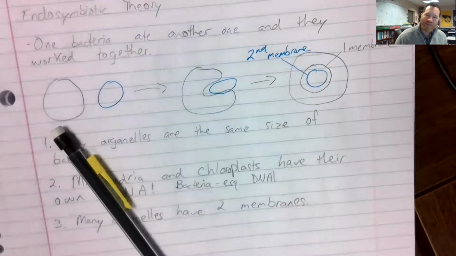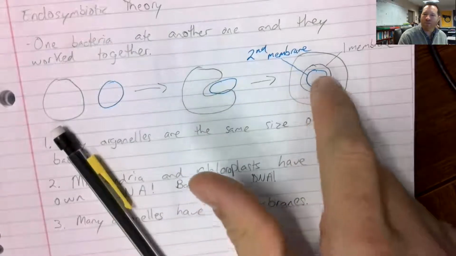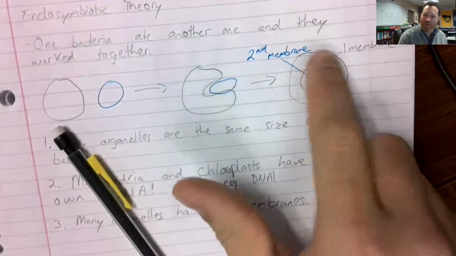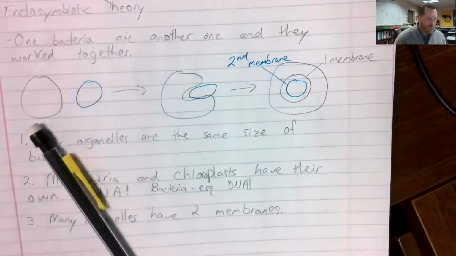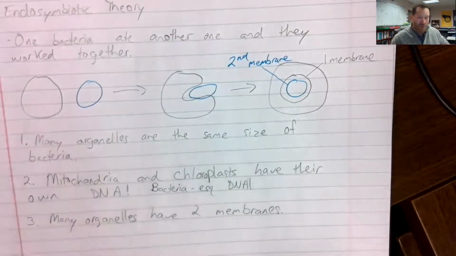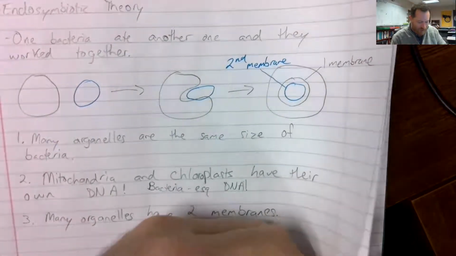Two, right? Because the inside would be the blue cell, and then the outside is the cell that was swallowed. So, man, it helps to explain why organelles a lot of times have two membranes. Pretty cool stuff. All right.